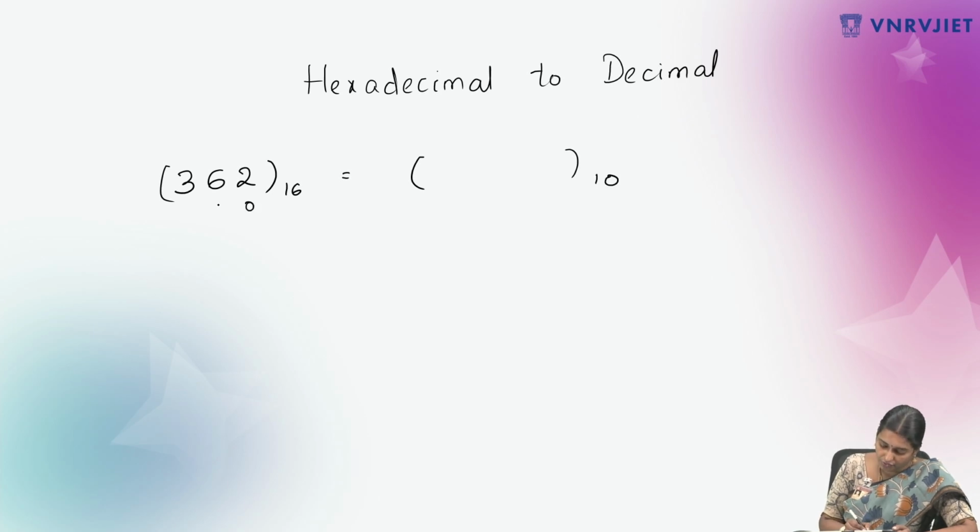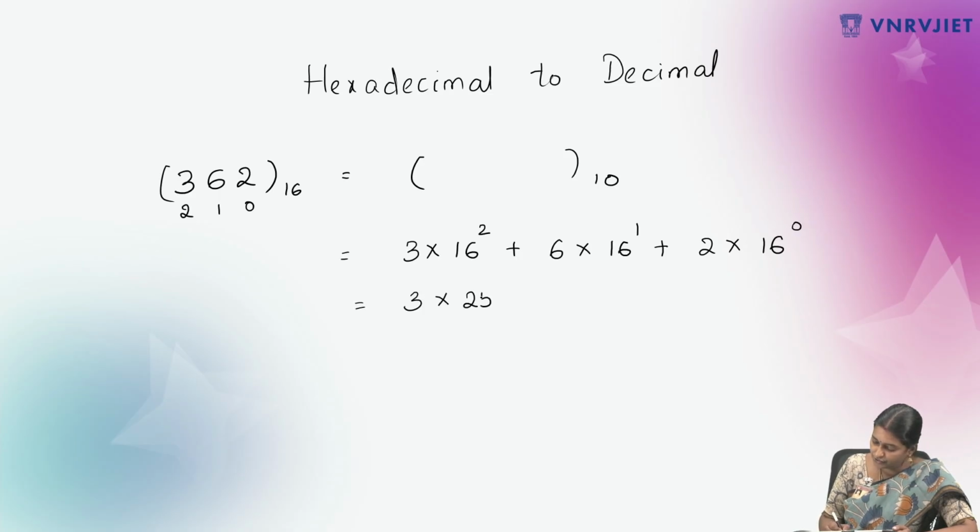So 0, 1, 2, which is 3 into 16 square plus 6 into 16 power 1 plus 2 into 16 power 0. 3 into 16 square is 256 into 3, which is 768, plus 16 into 6, which is 96, plus 2.